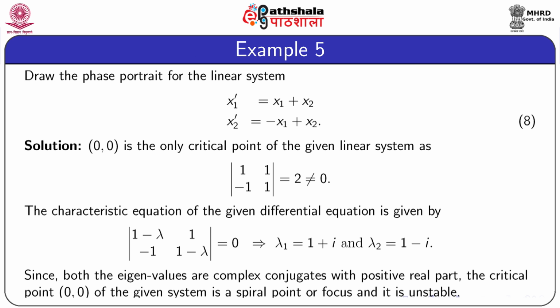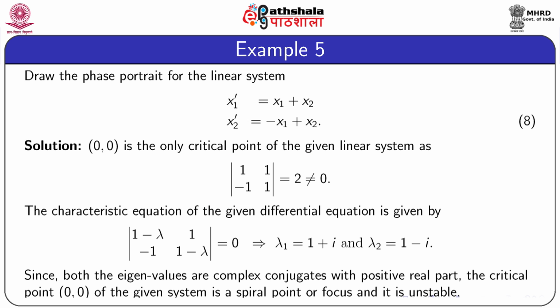In our next example, we have to draw the phase portrait of the linear system dx1/dt = x1 + x2, dx2/dt = -x1 + x2. As before, we check that (0,0) is the only critical point of the given linear system, because the determinant obtained from the coefficients of x1 and x2, |1 1; -1 1|, is equal to 2, which is non-zero.